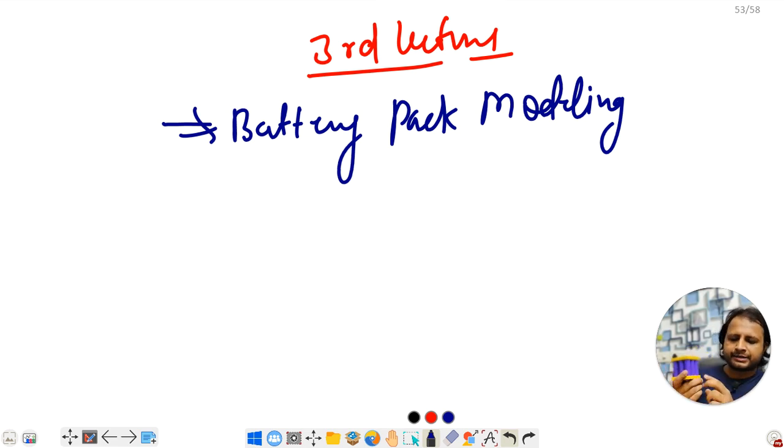We will understand how we connect the cells in series and how they are connected in parallel. Series and parallel combinations are there for batteries. I will teach you how to do this, and the application of BMS along with this battery, how we are going to connect the BMS system here.